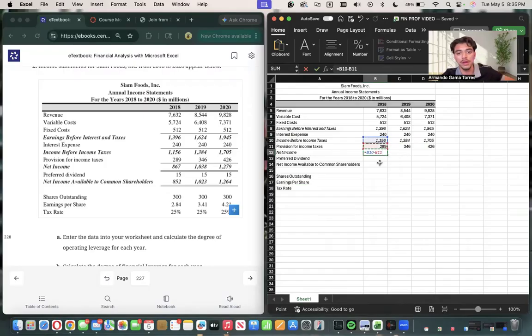To calculate net income, we do the income before income taxes minus the provision for income taxes. And then we just drag that over so we don't have to keep repeating the formulas.